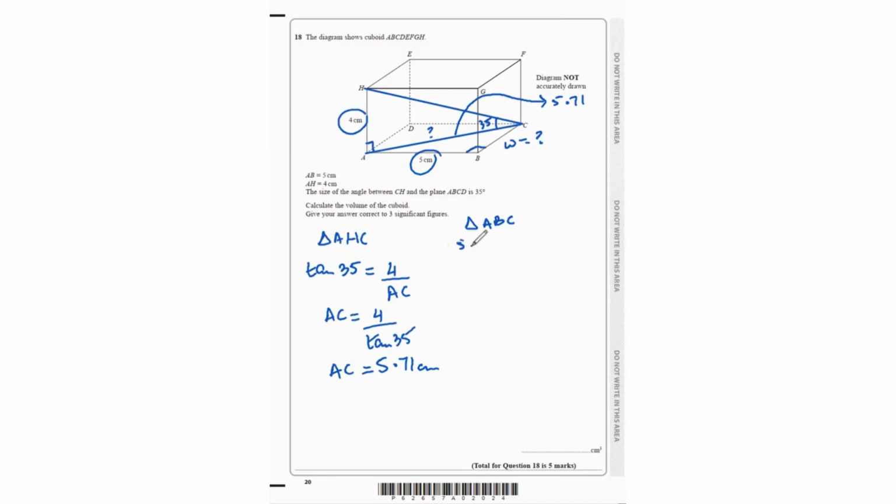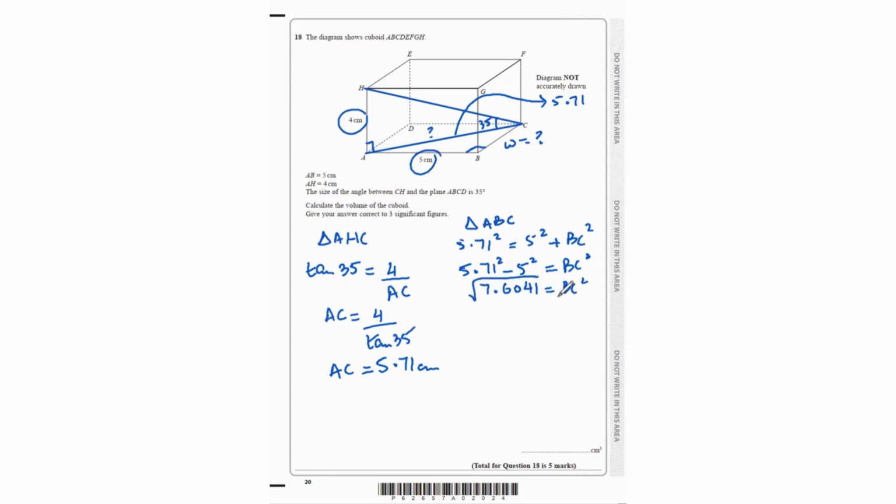So 5.71 squared equals 5 squared plus BC squared. 5.71 squared minus 5 squared equals BC squared. So 5.71 squared minus 5 squared gives us 7.6041.